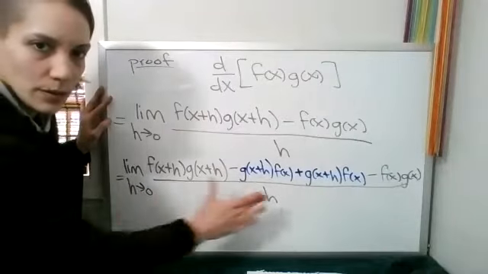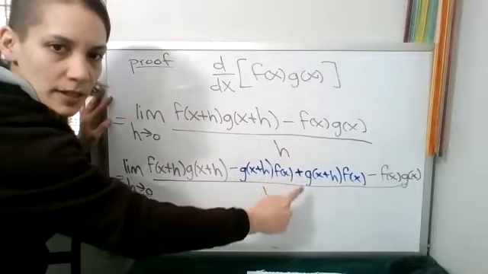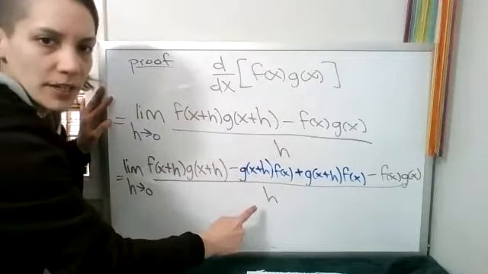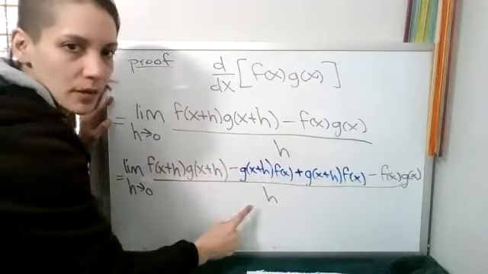Now break this up into two limits. So the limit as h goes to 0 of this part of the numerator up till the plus sign over h, and then the same limit as h goes to 0 of the other piece over the denominator here.